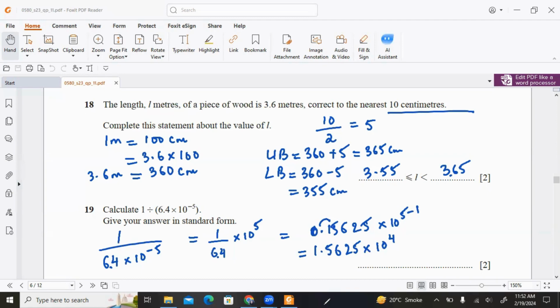That is the standard form. In standard form, your first digit cannot be 0, so we need to get rid of the 0, and to do that, we have to move the decimal. Since we move the decimal towards the right-hand side, we reduce the power by one place, so 5 becomes 4 and the decimal moves.